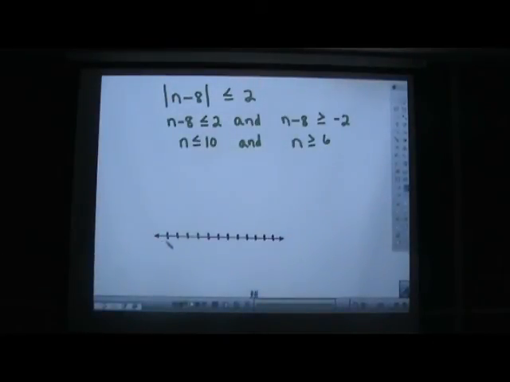Now, as I'm going to number my number line down here, up above, if I do less than or equal to 10, that would be a closed circle at 10 going to the left. And if I did greater than or equal to 6, it would be a closed circle going to the right.